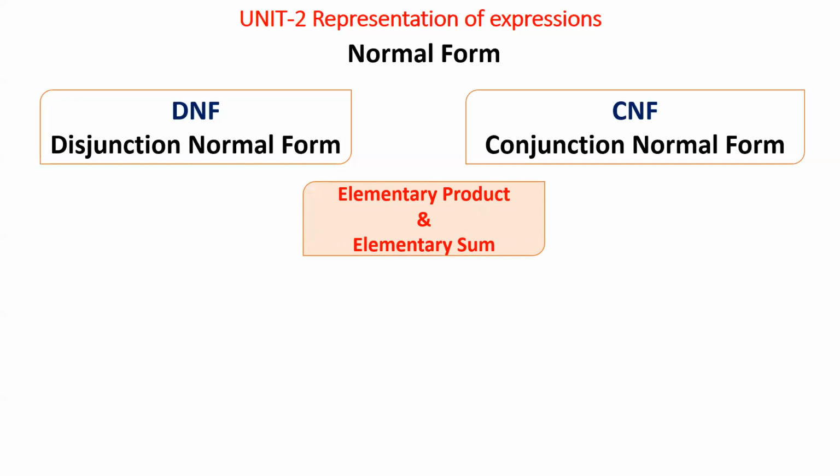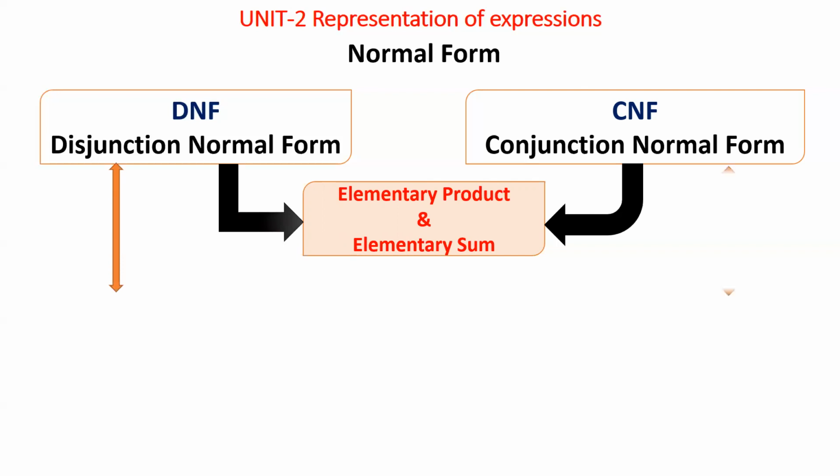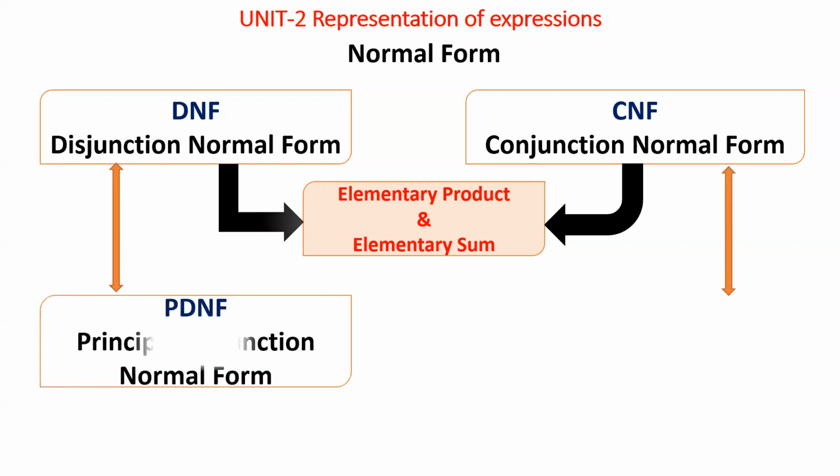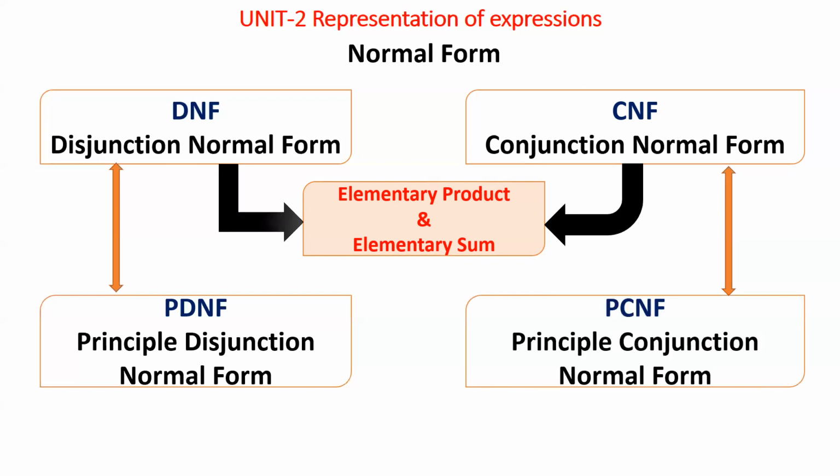First, we'll see DNF and CNF thoroughly, and afterwards we'll see how to obtain the DNF form and how to obtain the CNF form. Once we modify the DNF form and once we modify the CNF form, definitely we'll get an advanced version of DNF, nothing but PDNF, that is principal disjunction normal form, and an advanced version of CNF, nothing but principal conjunction normal form.